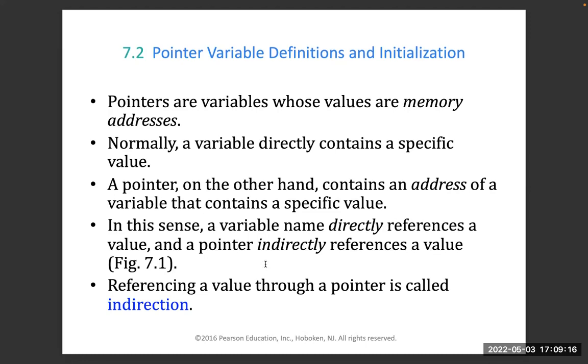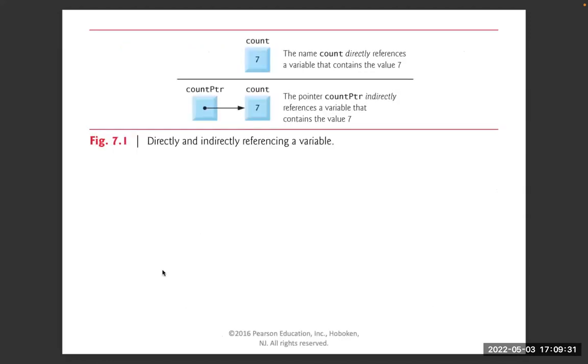Okay, so now we need to go to these figures. Referencing a value through a pointer is called indirection. This is the normal way we define a variable, right? The variable name is count, and the variable value is 7. So the name count directly references a variable that contains the value 7.